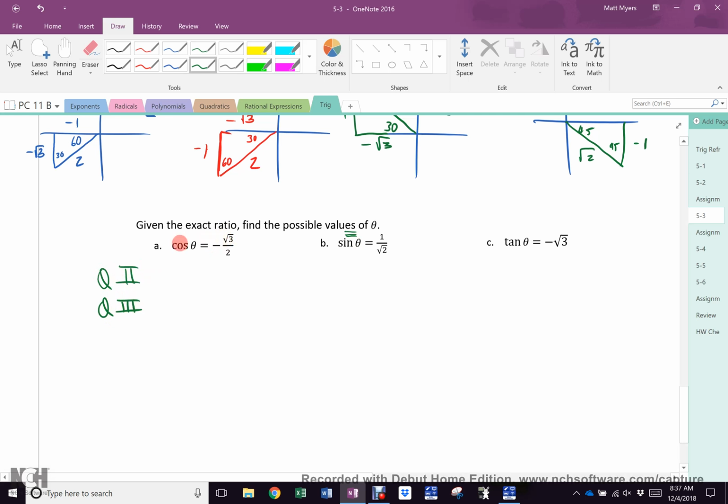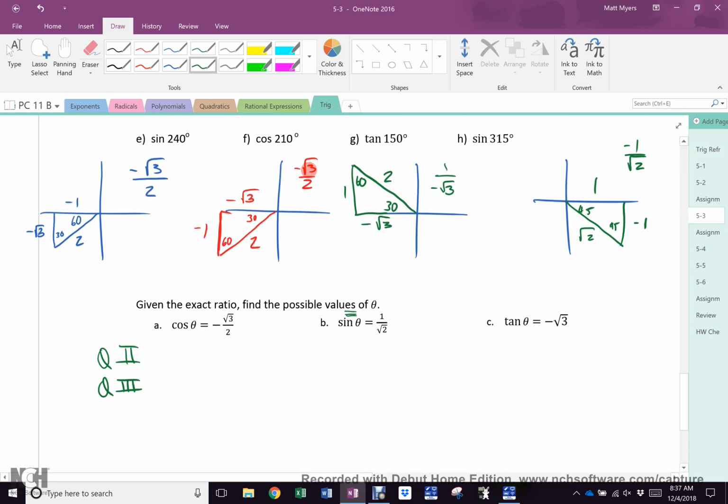Since it's cos root 3 over 2, is that cos 60 or cos 30? Look back at your work. You've got one right here. 30 was root 3 over 2. So what does that make the reference angle here? 30.